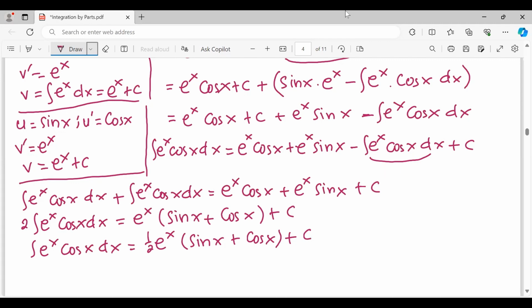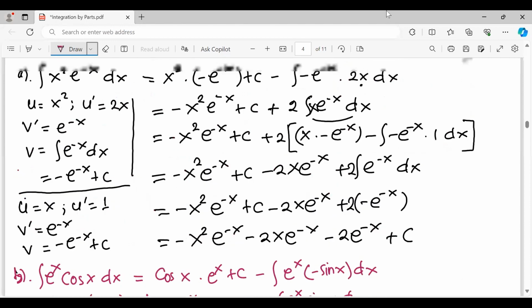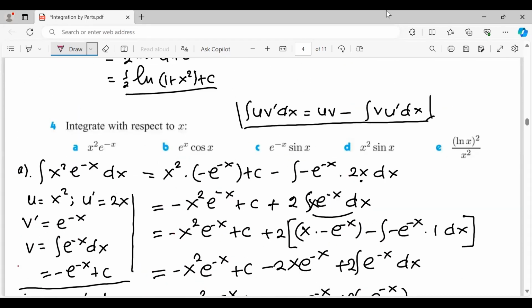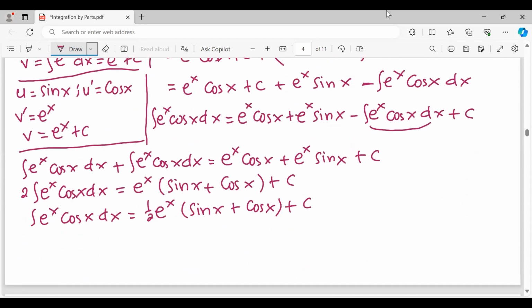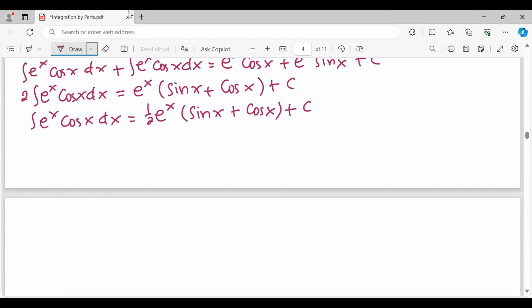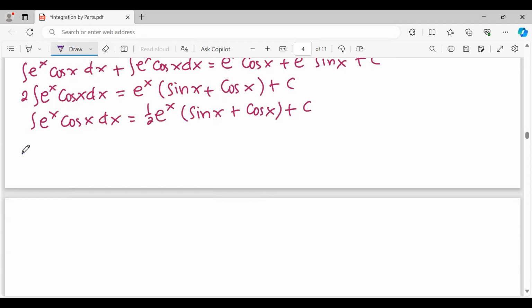Okay, that's for B, and for C, e power minus x sine x. I'm going to use another color, this color. For C, the integral of e power minus x sine x dx.